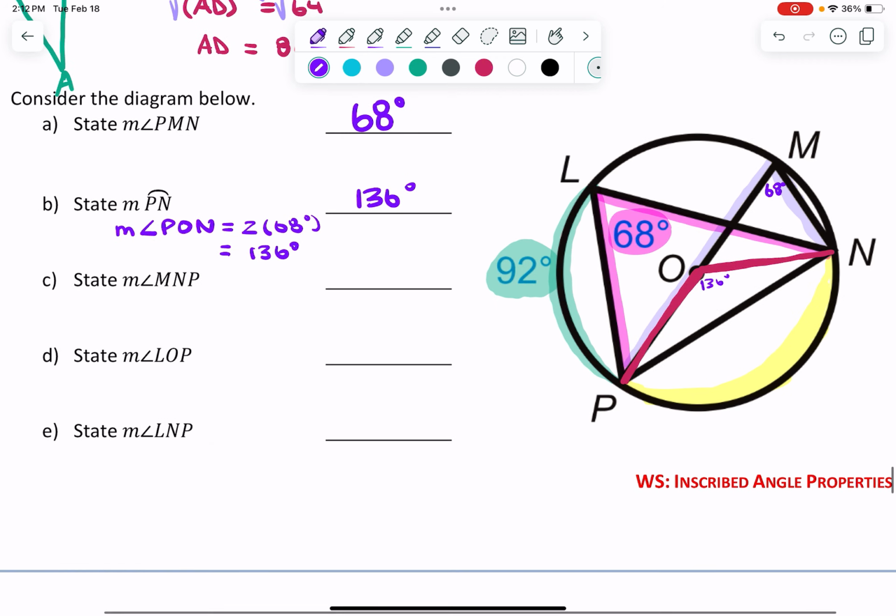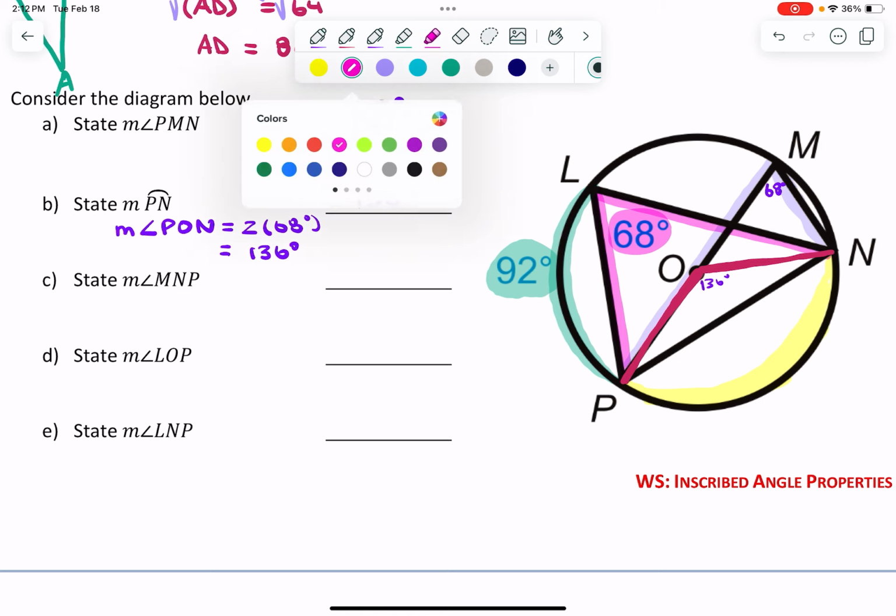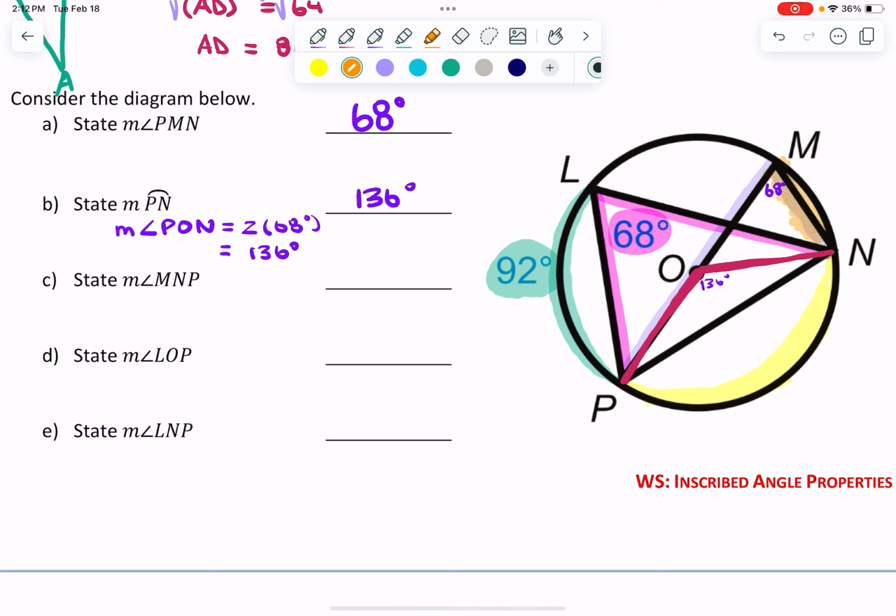Okay, next, I want to find the measure of angle MNP. What color haven't I used yet? Orange? MNP. So M to N to P. That's an inscribed angle, which is cool.